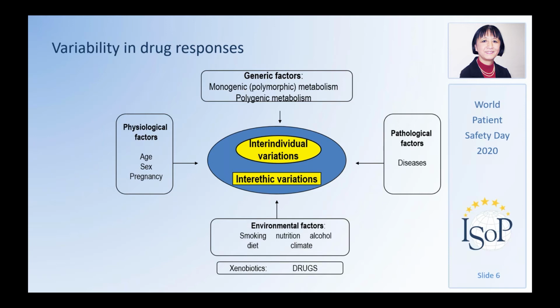For example, physiological factors such as age, gender, pregnancy status, or pathological factors like renal diseases, liver diseases, or heart disease, etc. The environmental factors like smoking status, consumption of alcohol, or diet, or drugs, drug-drug interactions. Last but not least, genetic factors that will not only affect the inter-individual variability, but also influence the interethnic variations.